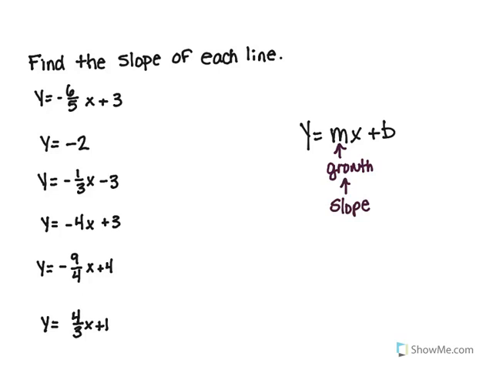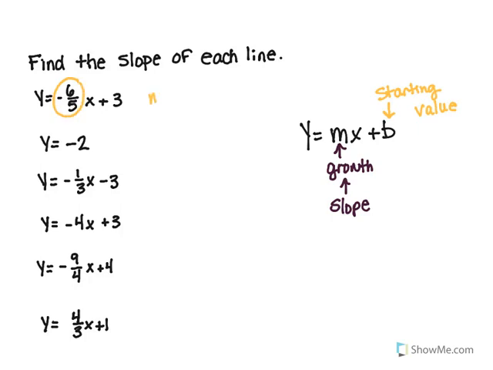So we're going to be using that new name now, and b is our starting value. So these are pretty easy. You're literally just finding the slope in all of these. So we're going to find the m, which is always next to the x.